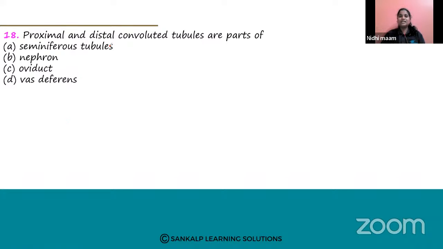Proximal and distal convoluted tubules are parts of what? We call them PCT, proximal convoluted tubule, and DCT, distal convoluted tubule. These are the parts of: seminiferous tubule, nephron, oviduct, vasa deferens.